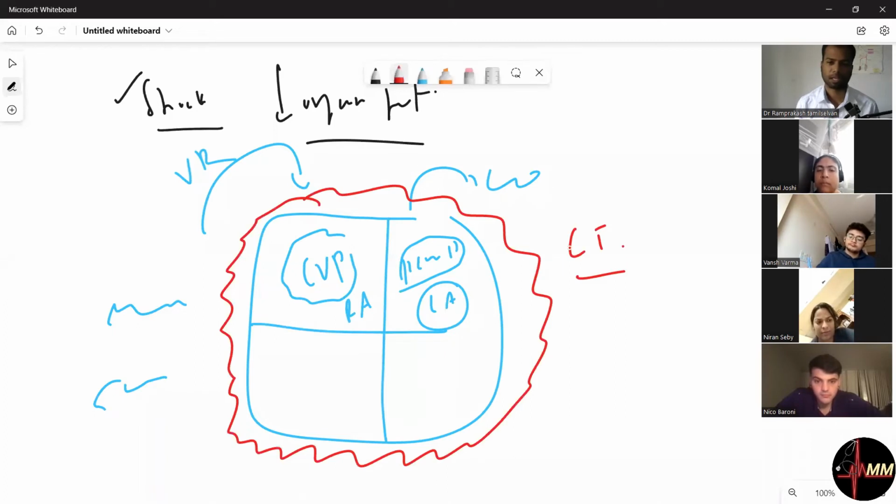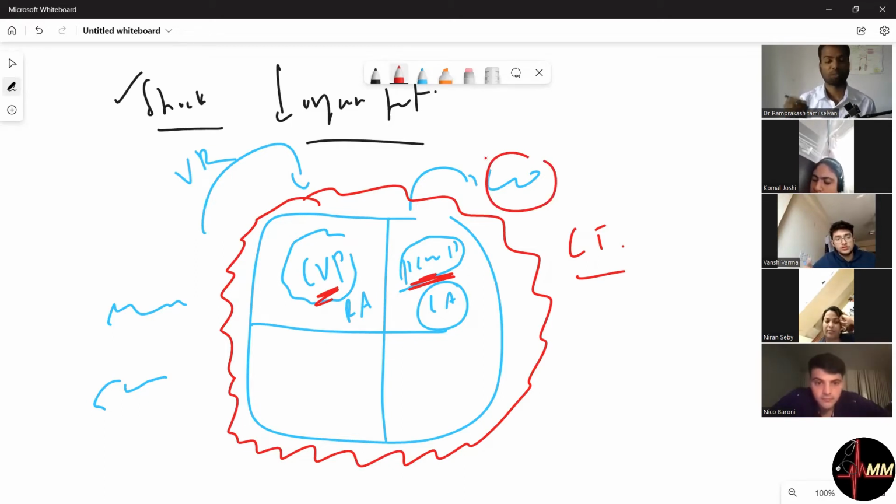Like in hemorrhagic or hypovolemic shock, the cardiac output is going to be very low. But in cardiac tamponade, with fluid around the heart making it difficult to relax, the pressures inside the heart go high and cardiac output goes low.